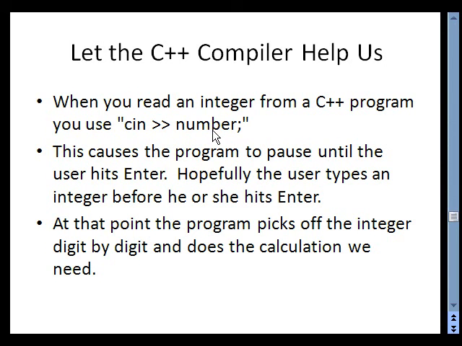And if so, what happens when the program begins to run again is that the system will begin to pick off integer parts or real number parts until it hits a character that cannot be part of a real number, such as the new line character, and then whatever value it accumulated will be placed into this variable and the program will just keep on running.